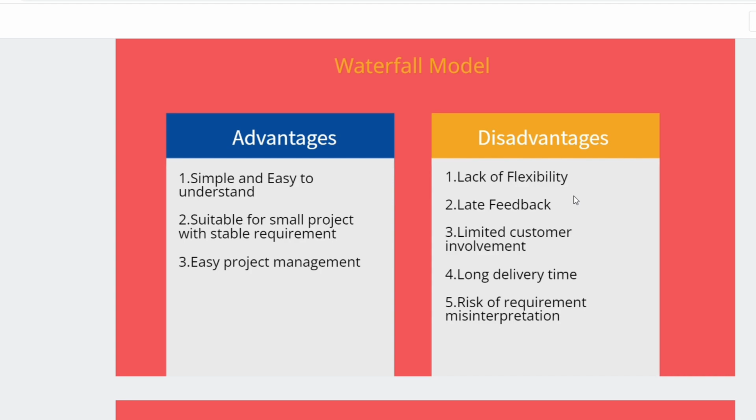So the cost required for fixing that bug will be high compared to if that bug was found during the requirement phase only, like suppose the requirement is wrong or something like that. It will be better to fix the bug using early testing only. So that will be the risk in the waterfall model.